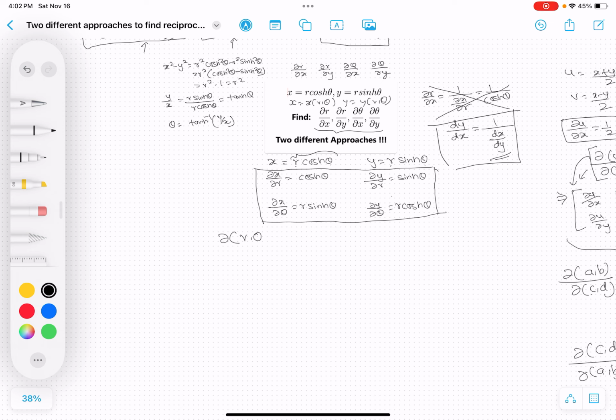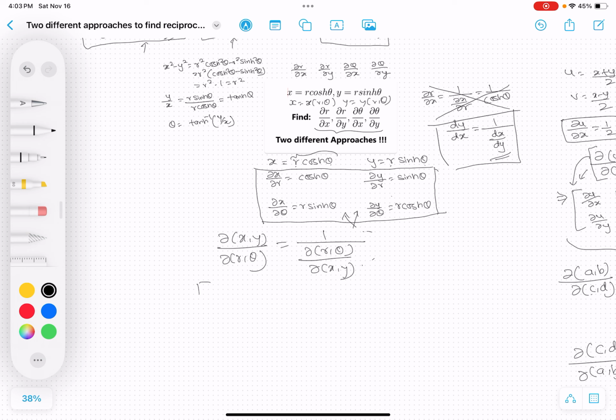We actually know how x y changes with respect to r theta, right? And using this we want to find out how r theta changes with respect to x y, right? And you can see this as the last element going to the numerator, so these two are basically the same.